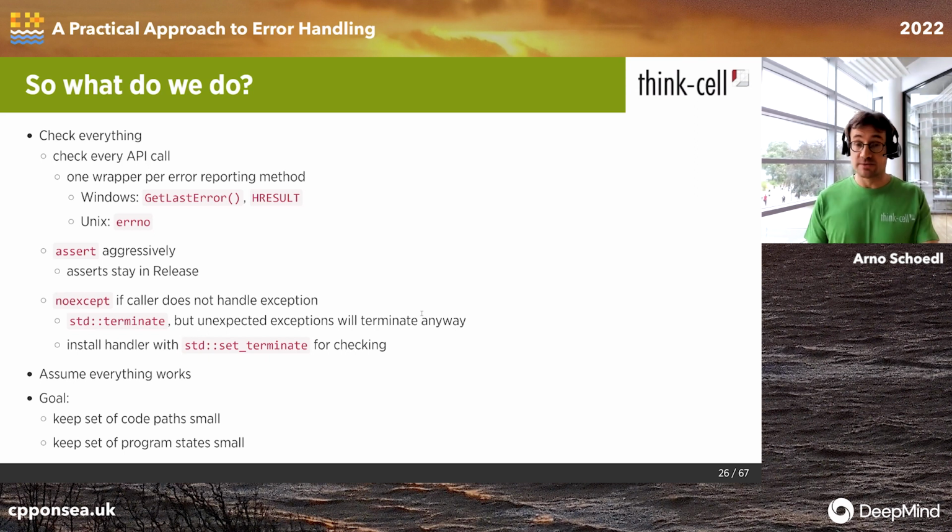So why do we not write any handlers? Well, we don't write any handlers because we want to keep the set of code paths small, and more importantly, to keep the set of program states small. So you want to narrow down the set of states in your program to the set of states where everything is working.